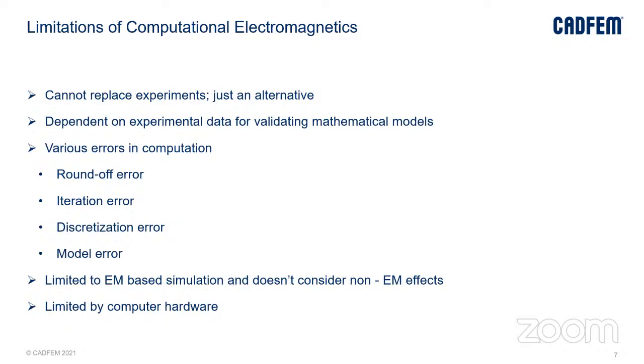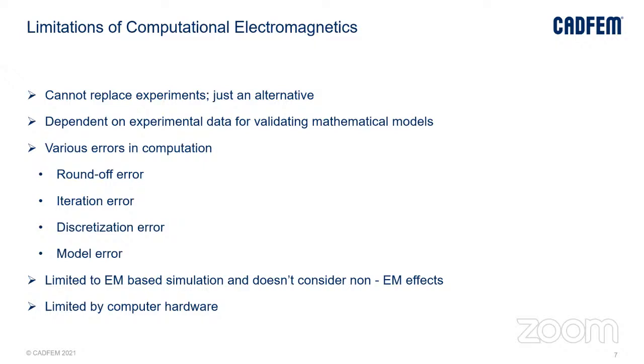So hence, this cannot be completely accurate, but the accuracy can depend on the type of approach we choose to analyze the structure. Also, it is limited to EM based simulation and doesn't consider non-EM effects.